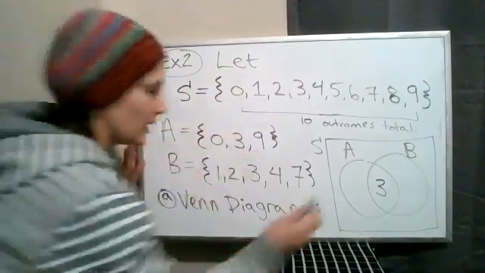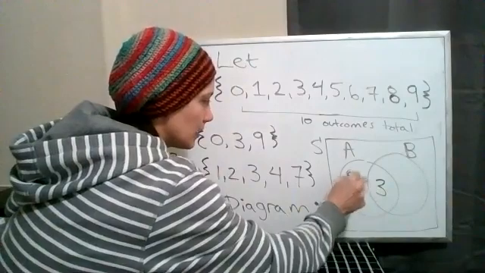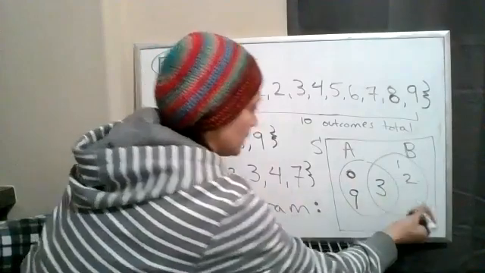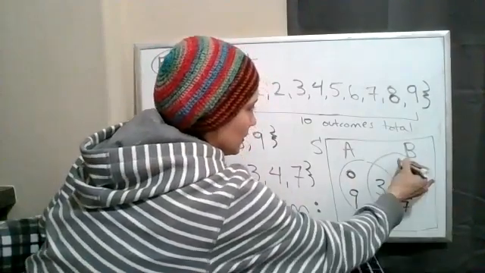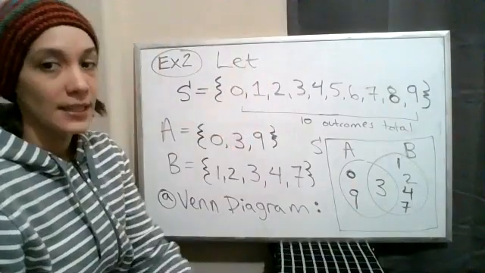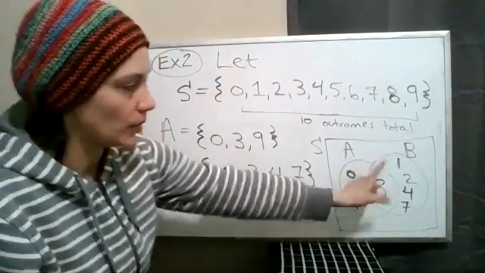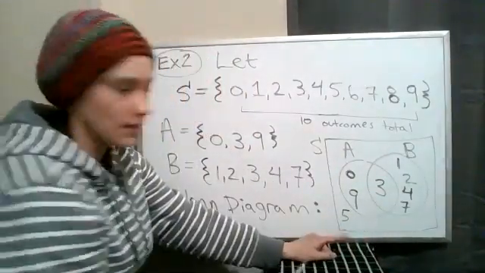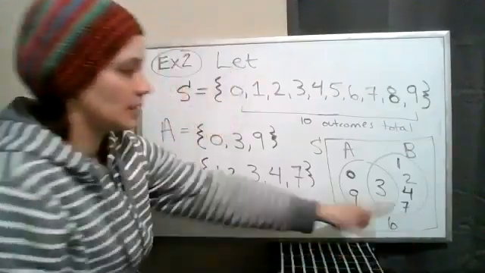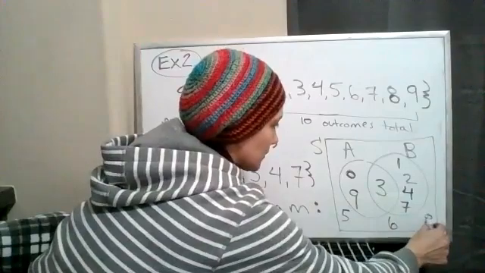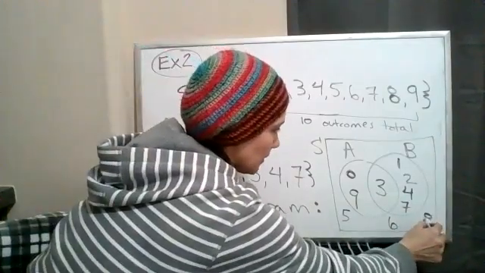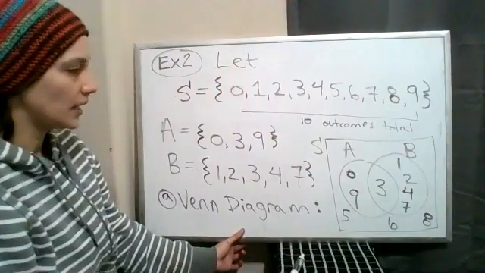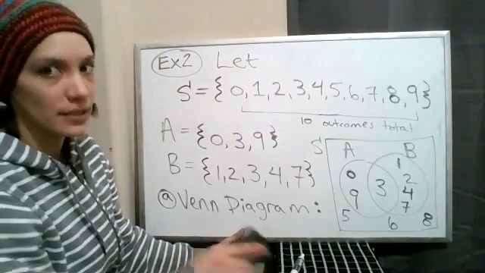Put 0 and 9 in the set A. 1, 2, we've got 3 already. 4, 7. And don't forget any other elements. So we've got to put 5 on the side. 6 somewhere else. 8. Outside. Okay. Find, oh, actually, are A and B disjoint?